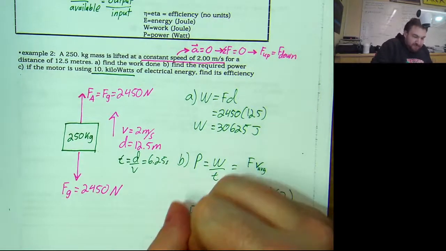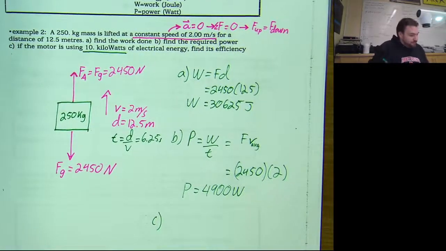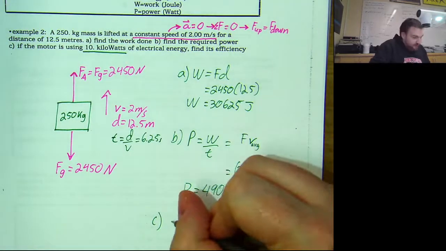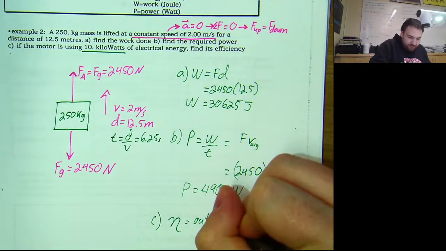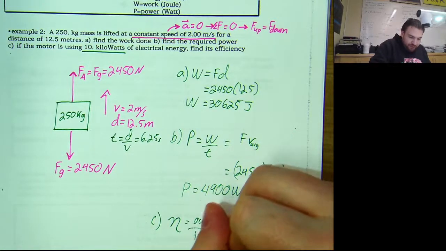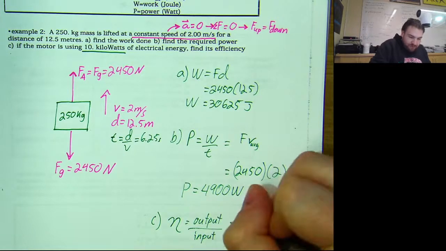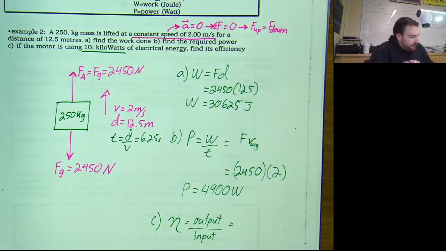So now we can go back and look at efficiency. Efficiency, eta, is equal to output over input. So how much energy, or how much power rather, was actually converted into a useful situation?